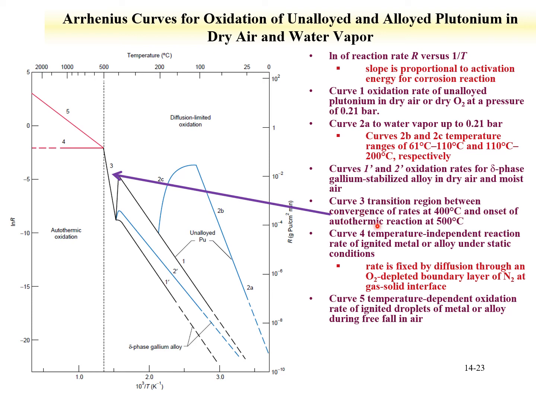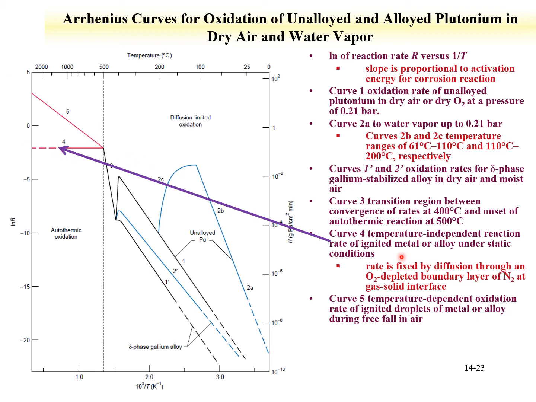It's between, at higher temperatures, we start to see an autothermic reaction, and this is the transition zone. So these rates, higher temperatures, the rates are definitely getting higher. And over here, we see that there's a temperature-independent rate. Right? As the temperature increases, the rate remains constant.